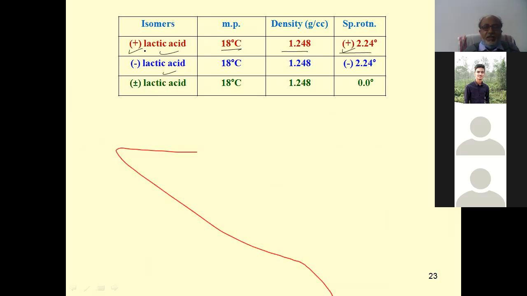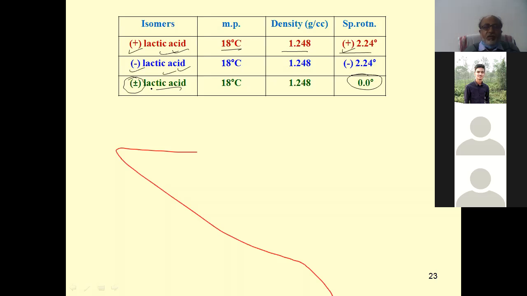Another will be minus lactic acid. And what is this plus-minus lactic acid? It is an equimolecular mixture of plus lactic acid and minus lactic acid. Its specific rotation will become 0.